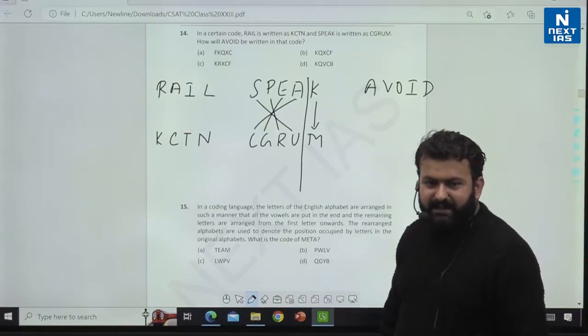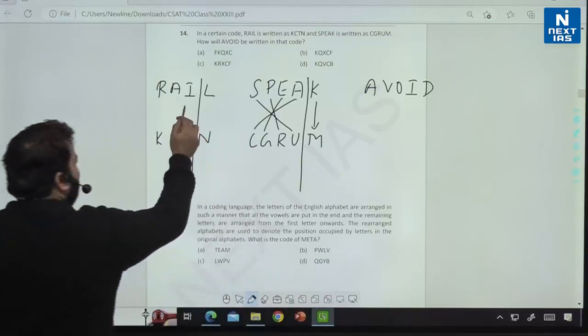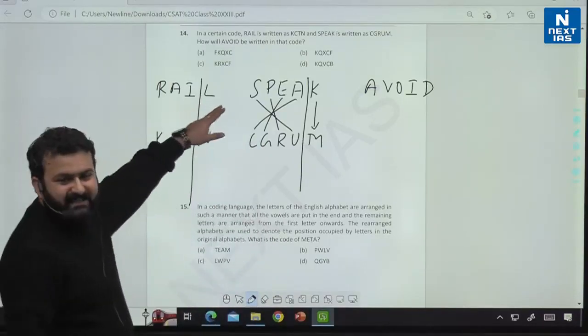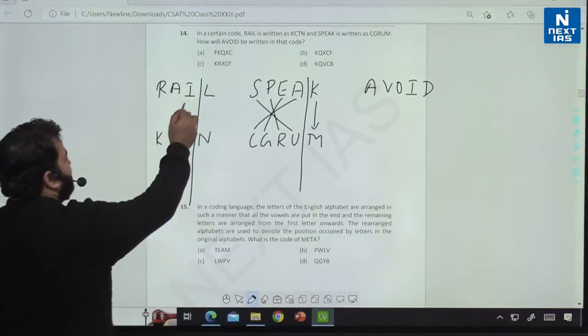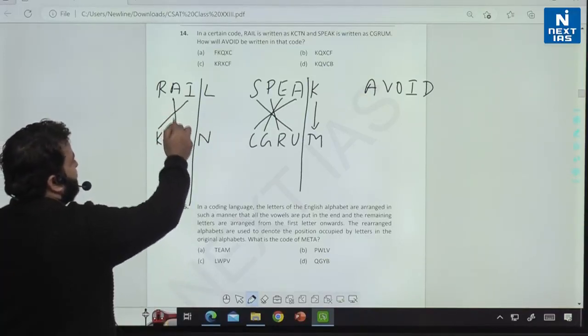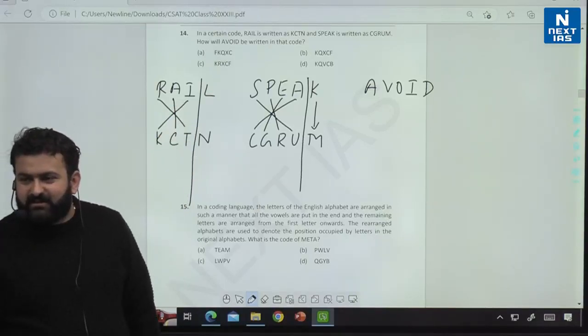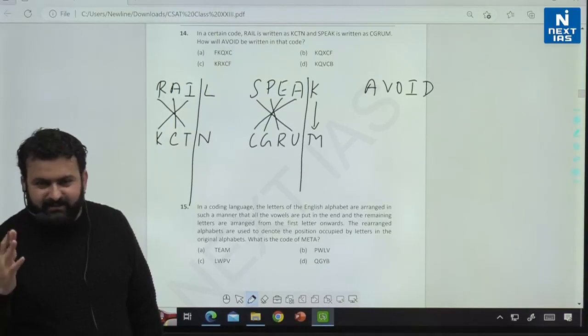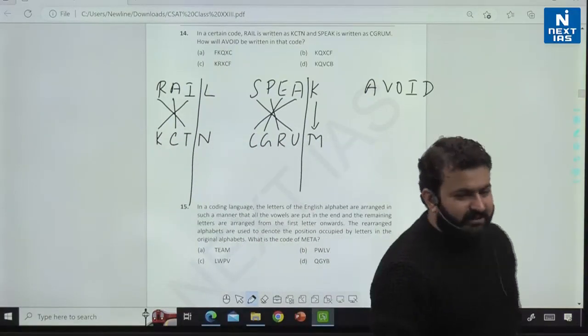The last letter L is replaced by MN, a letter ahead of it. I, JK, ABC, RST. Is this clear or not? So leave the last letter, and before that go diagonally +2 +2 +2.